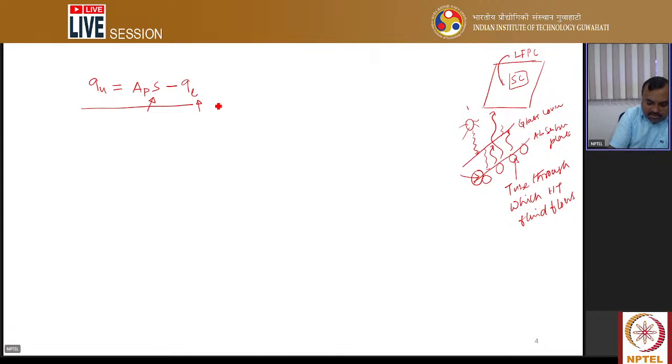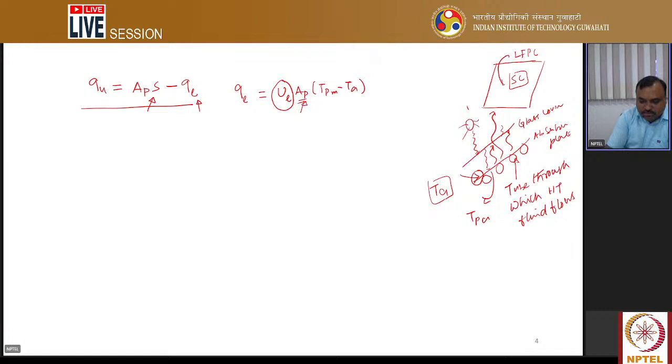So if we expand this, QL is UL AP (TPM minus TA). So this plate temperature is TPM and TA is the ambient temperature. Okay. So this UL is nothing but the overall loss coefficient, AP is the area of the absorber plate, TPM is the average temperature of the absorber plate, and TA is the ambient temperature.